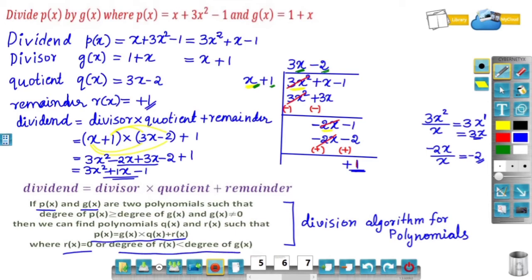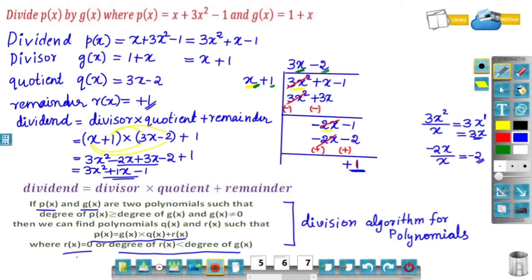We have to stop the division when we get remainder 0 or degree of the remainder is lesser than degree of divisor. That is, degree of r of x is lesser than degree of g of x. In a simpler way, we can say like this.